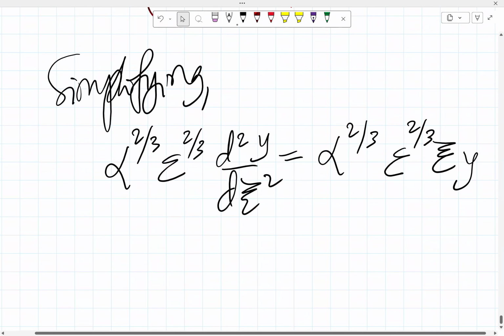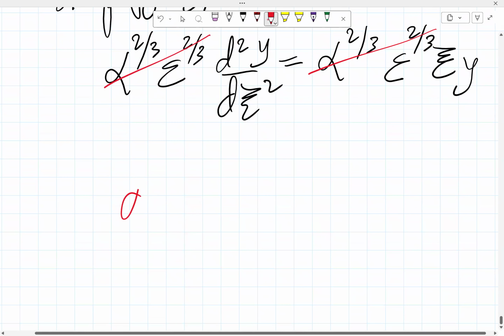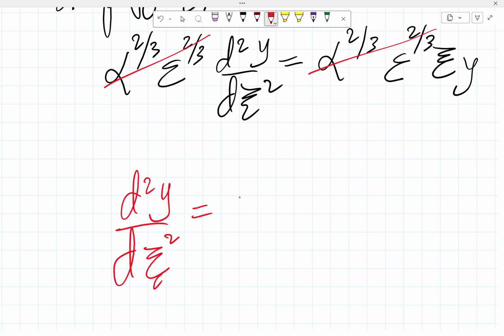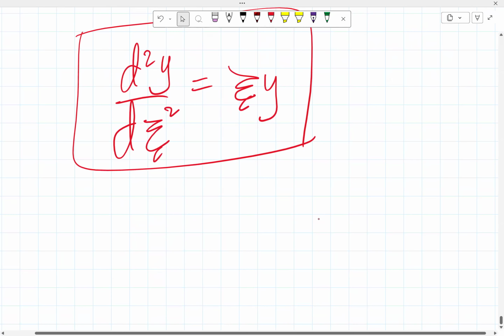If we cancel the common factors, this and this will go. So we have d squared y, d psi squared equals psi y, which is as good as the Airy expression we know. Okay, that's that.